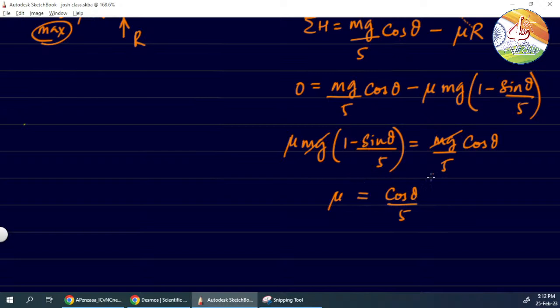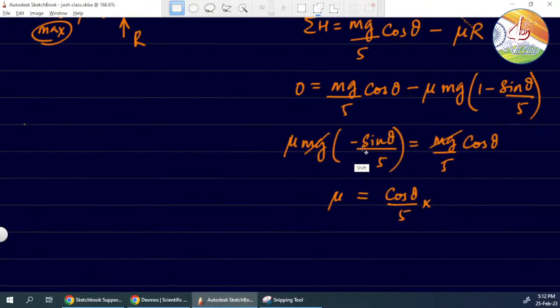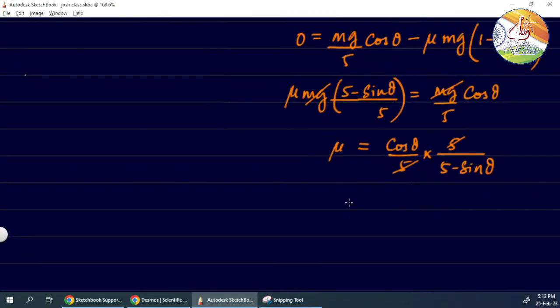We need to take the reciprocal, so first let us apply LCM here. So we get 5 by 5 minus sin theta. 5 and 5 will cancel. So mu equals cos theta by 5 minus sin theta.